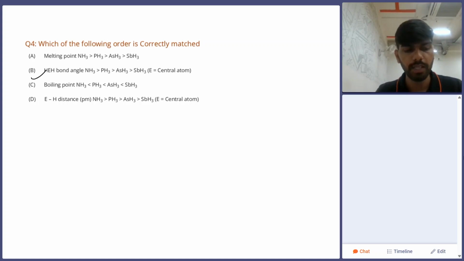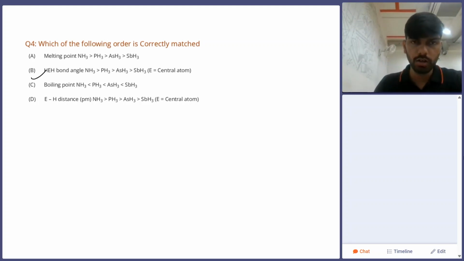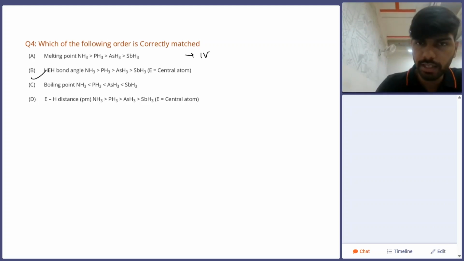Basically, if you look at NH3, PH3, AsH3 and SbH3, the right order is NH3 first, because more hydrogen bonding is there.